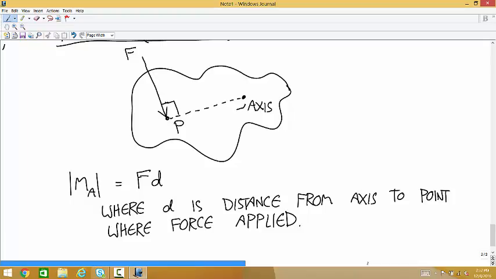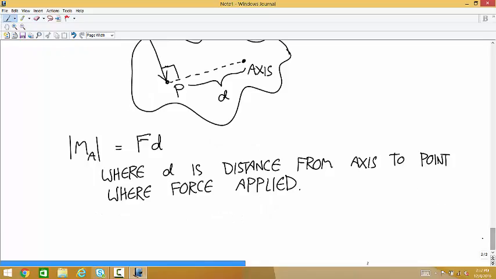Okay, so this here is the distance d. So that gives us the magnitude of the moment, but it doesn't give us the moment because it doesn't tell us what the sign is.